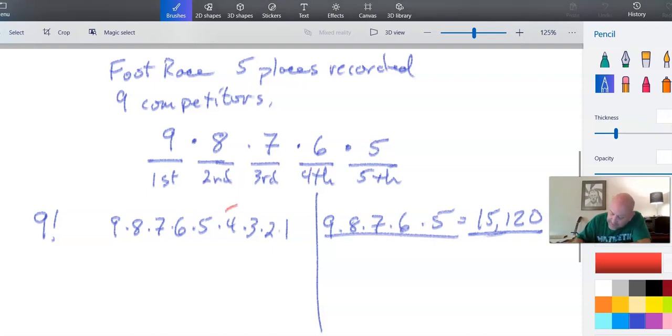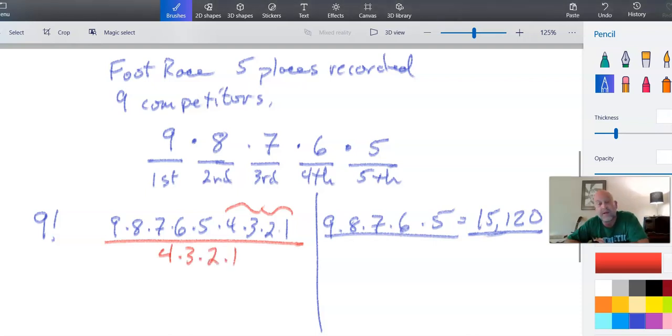This piece is more than I need, and I need to get rid of it. All of these things are being multiplied, so if I just divided the whole thing by 4 times 3 times 2 times 1, that would work. This is now 9 factorial divided by 4 factorial. Dividing by that 4 factorial cancels these 4 things, and it leaves me with exactly what I want.